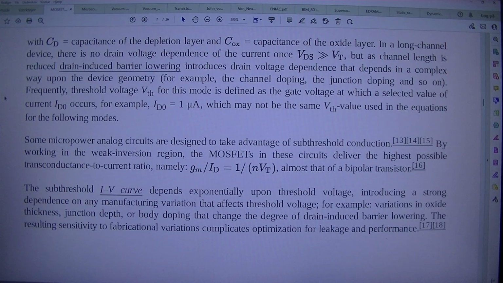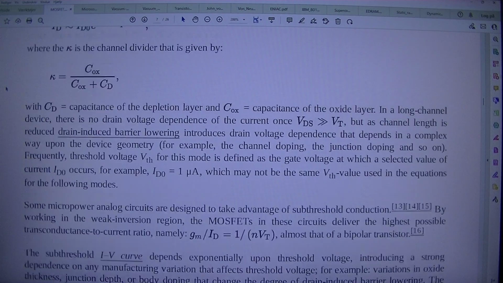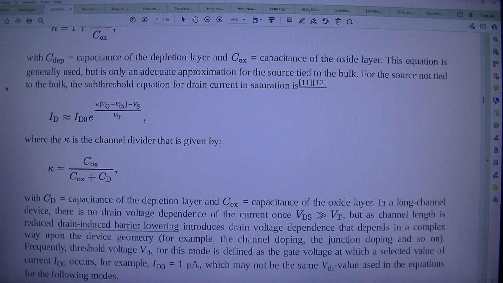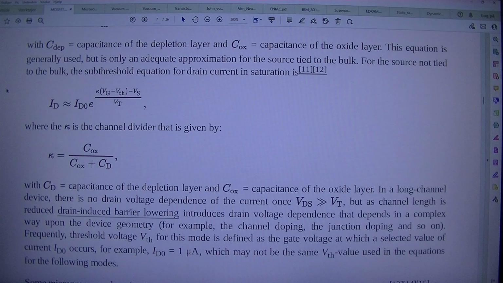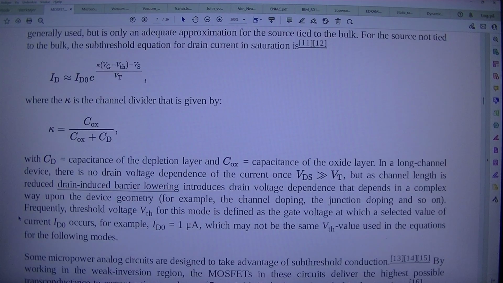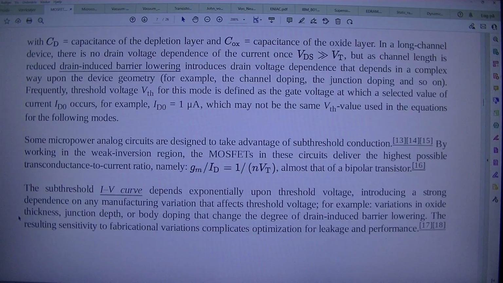In a long channel device, there is no drain voltage dependence of the current once VDS is large enough, but as channel length is reduced, drain-induced barrier lowering introduces drain voltage dependence that depends in a complex way upon the device geometry, for example, the channel doping, the junction doping and so on.